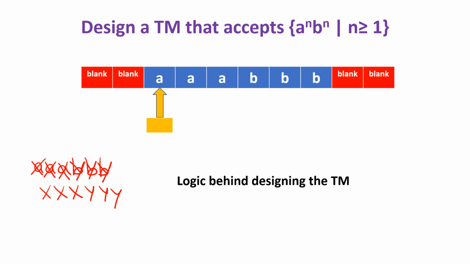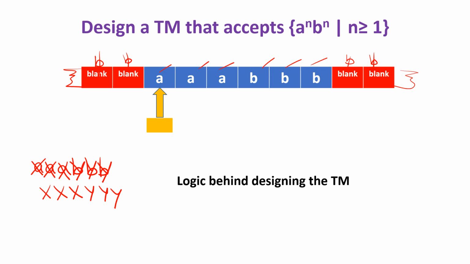So, let us see the tape in the Turing machine. Here is a tape which is two-way extended, and we have stored the input string as AAABBB, and before and after it, all the cells have blank symbols. The read-write head points to the first leftmost symbol of the input.